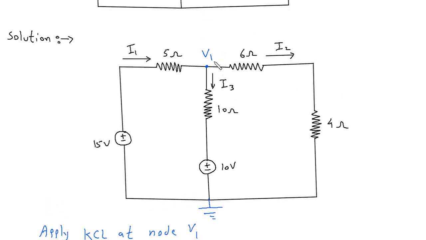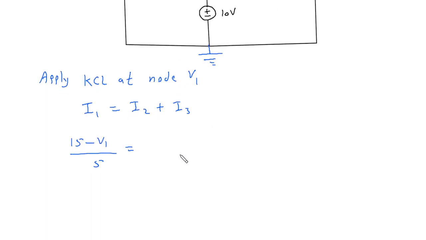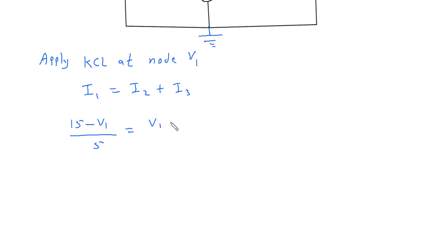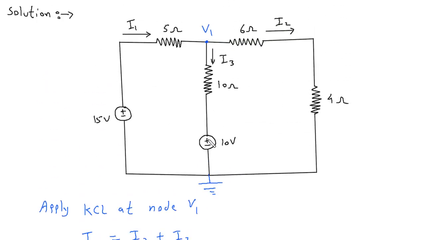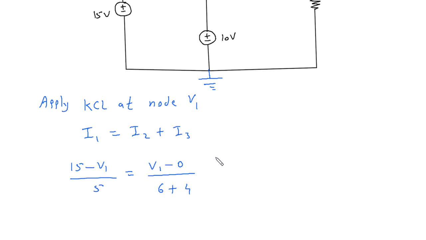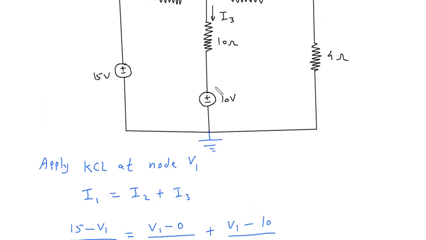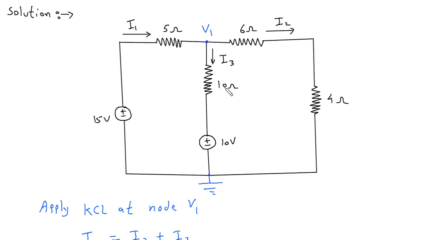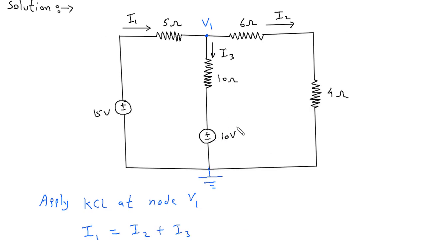So it will be (V1 minus 0) upon (6 plus 4). And I3 is (V1 minus 10) upon 10.